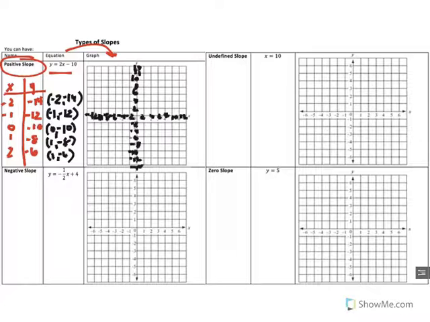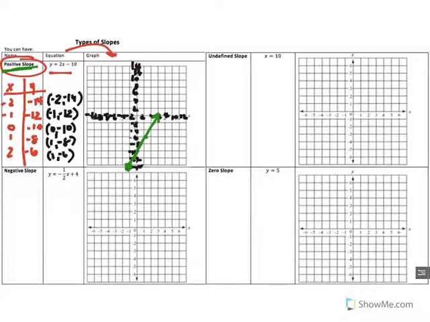I changed the scale to count by 2 because it wouldn't have fit if I counted by 1. So now I graphed the points. I connected them, and I got a line that looks like this. If you ever see a line that is sloped up like this, we call it a positive slope.